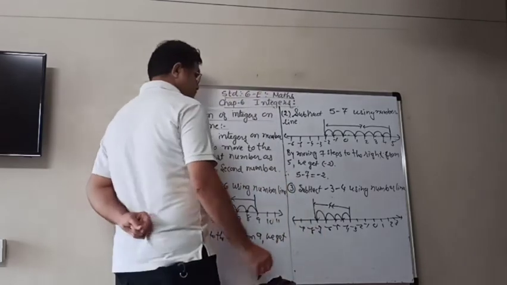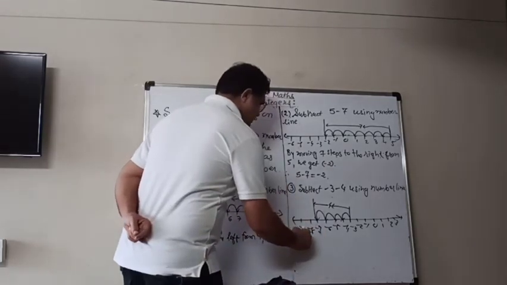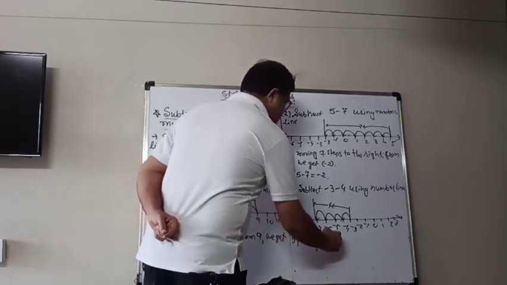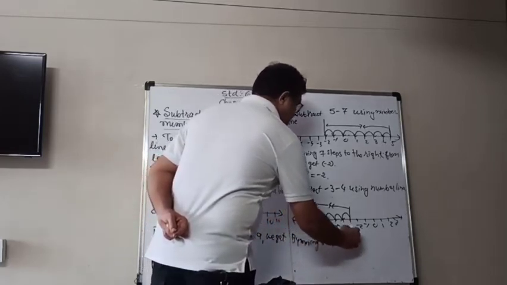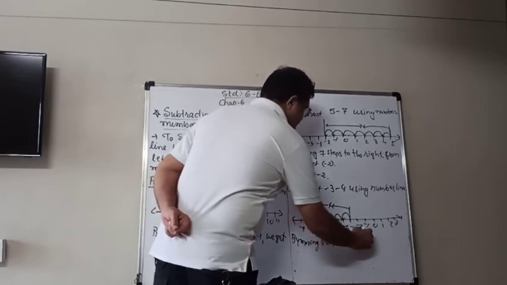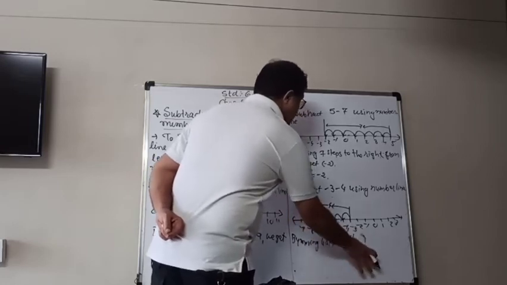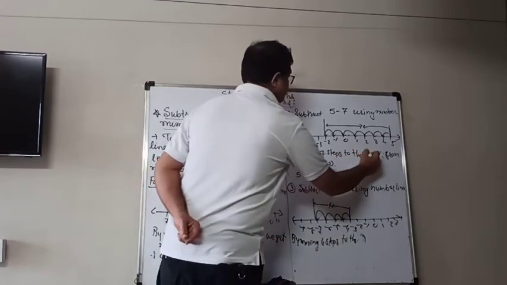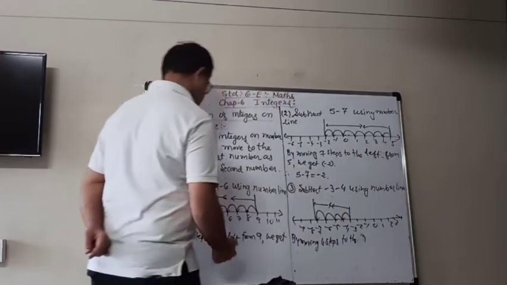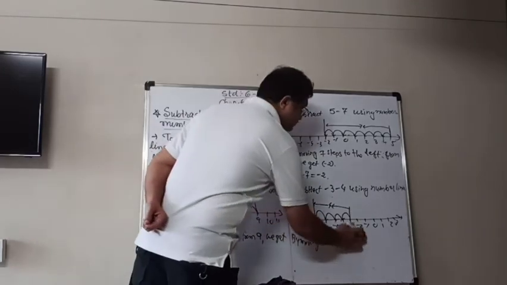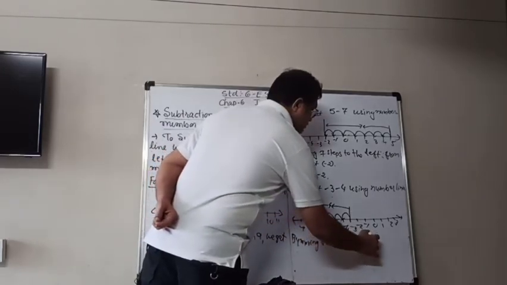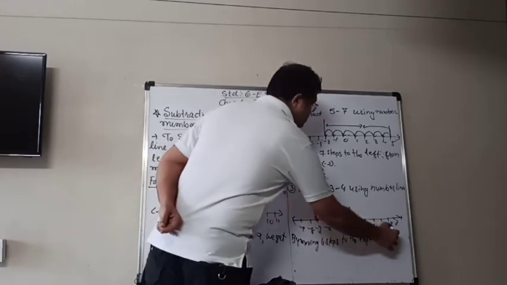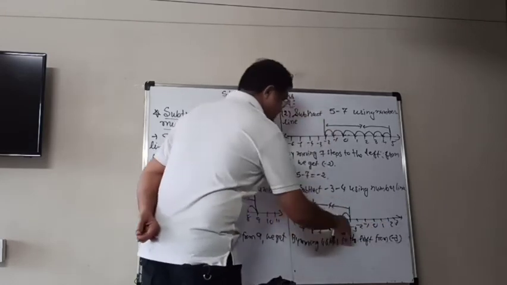Minus 7. So by moving 4 steps to the left, here also we may write right, but it is left. To the left, from minus 3, what did we get?